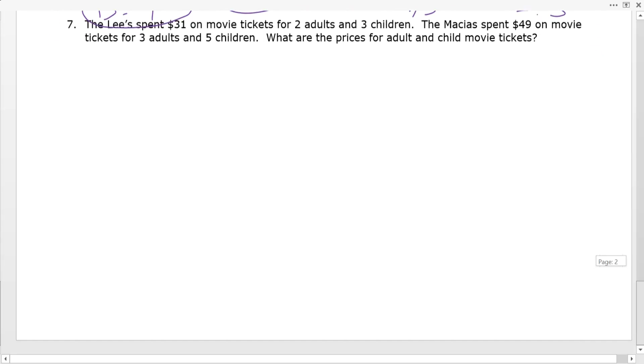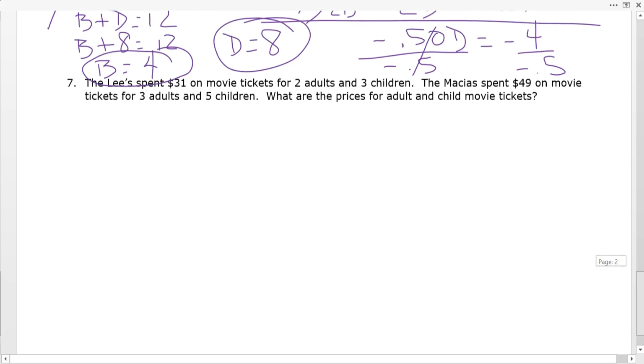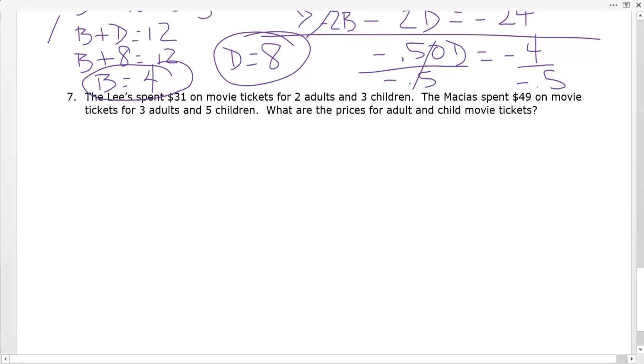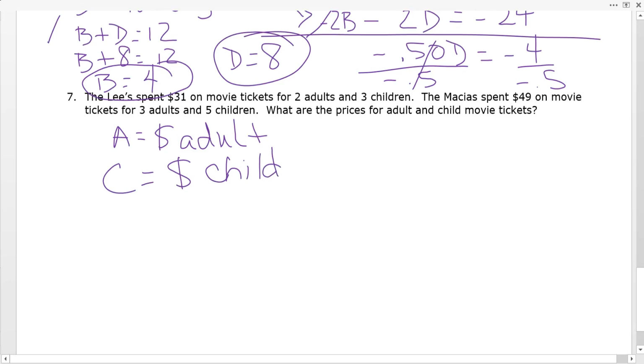All right, number 7. Last one. Okay, we have movie tickets. We have adult cost, and we have children cost. So the Lees spent $31, so that's going to be 2 times the adult cost plus 3 times the children's cost equals 31.